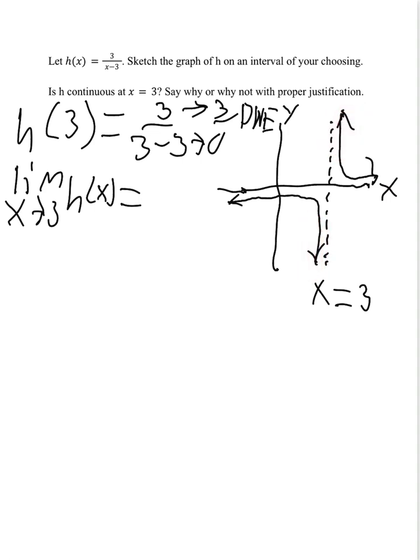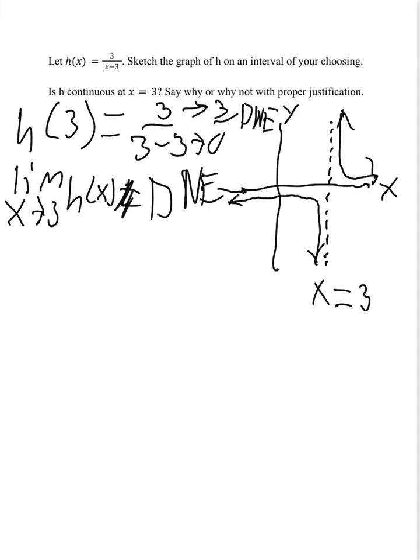So the limit is going to different values. So we can say this limit does not exist. Now we can provide our reasons for why. Hopefully you can see this is discontinuous at x equals 3.